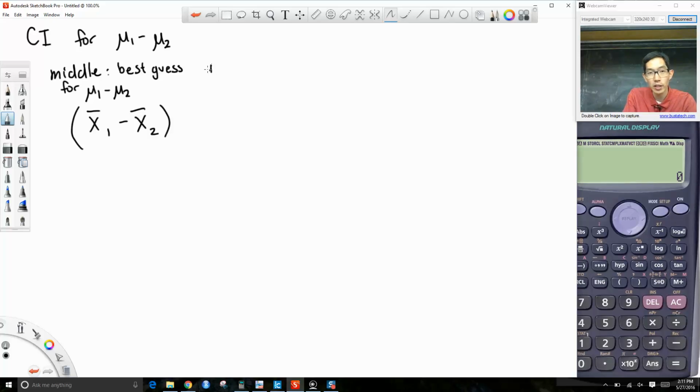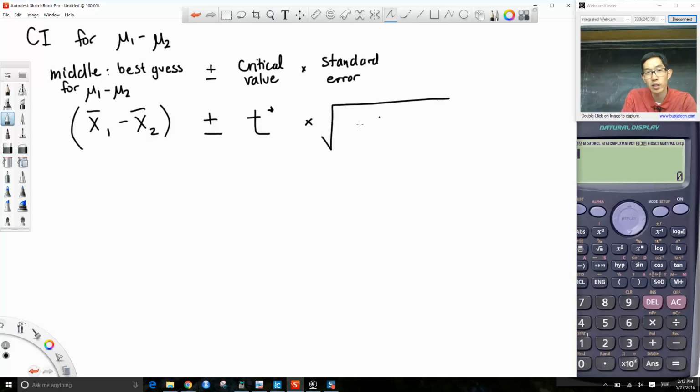Then we would go plus or minus the margin of error, which is always going to be our critical value times our standard error. The critical value will be t star, and our standard error will be the square root of s1 squared over n1.